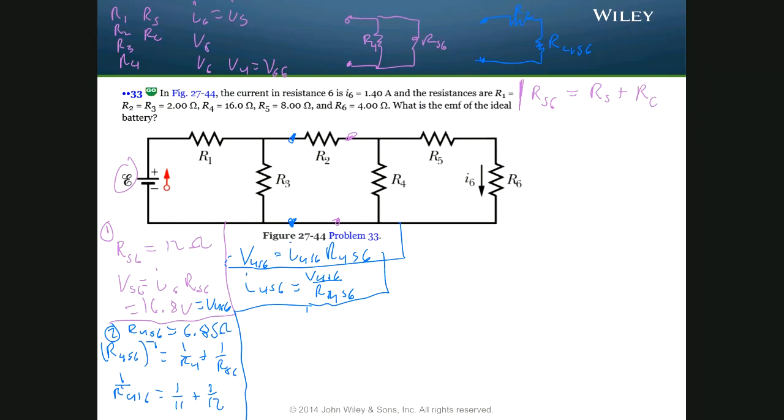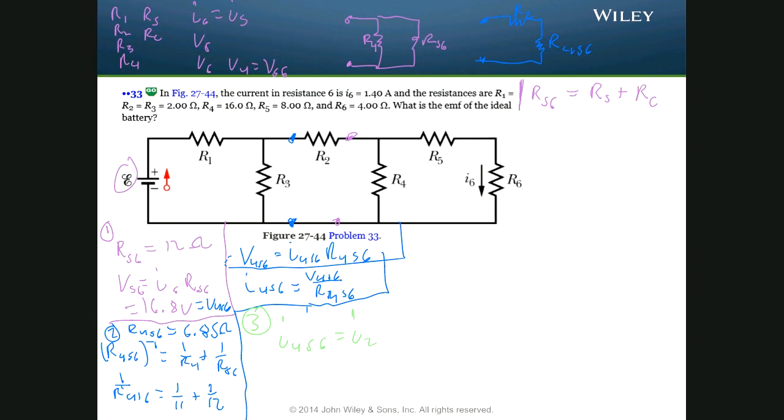So now that we know everything about 6, we can look at our part here. And so we know that I456, because they're in series, has to equal I2. All right?